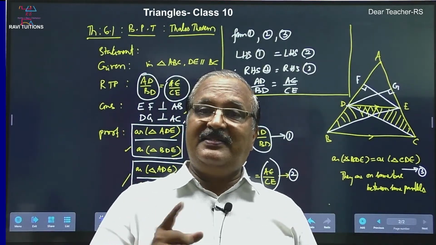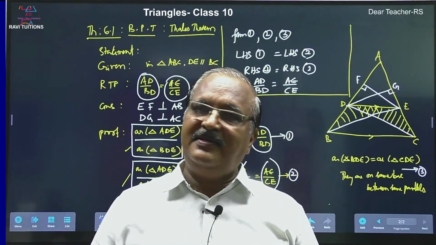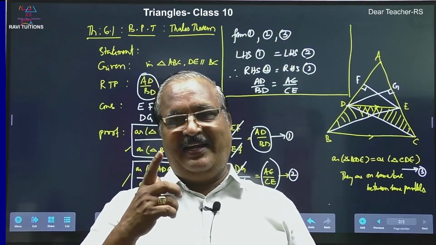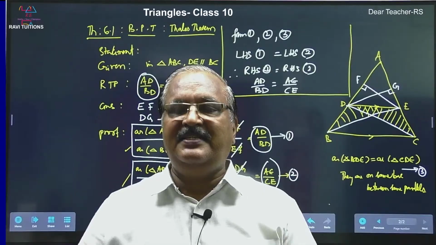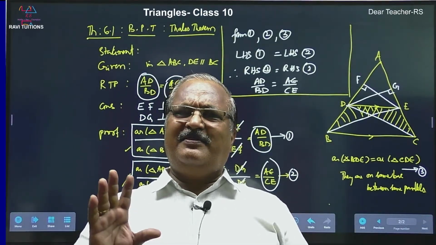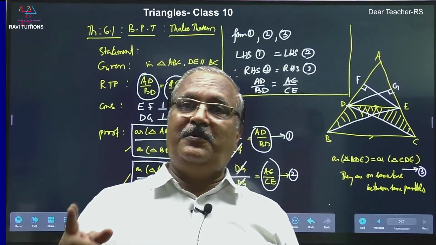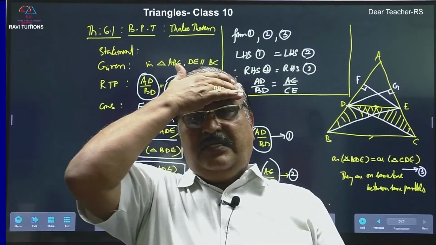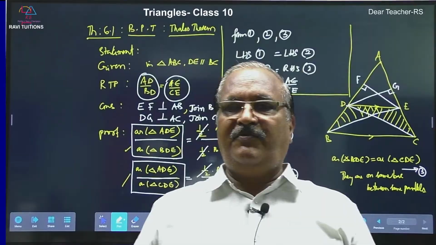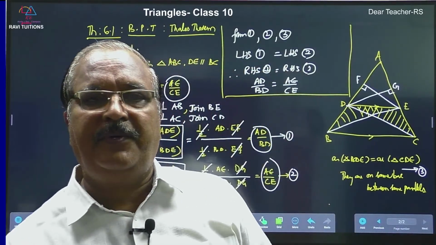So practice is more important than understanding. Please practice it, and at least 10 times write this without seeing. So this is a theorem of triangles, a very important theorem.